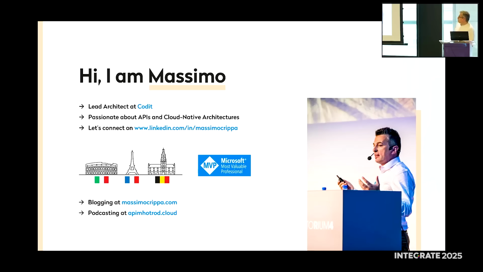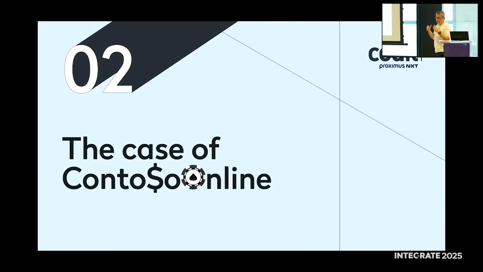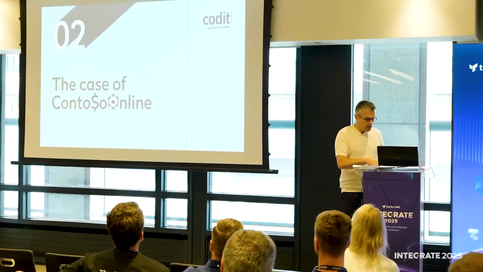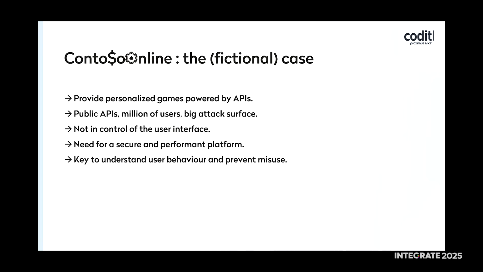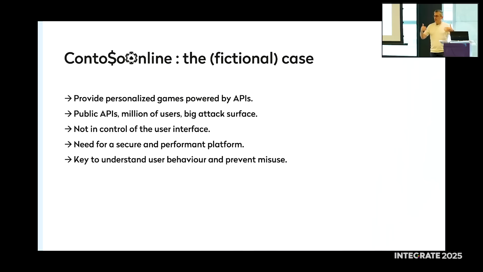Okay, and today I will talk to you about the case of Contoso Online. Who are those guys? Contoso Online is a fictional company. They provide personalized games powered by APIs. They expose their API to the outside world, to the end user, if you want, B2C. Therefore, if they have a certain amount of users, the surface area of attack is quite big.